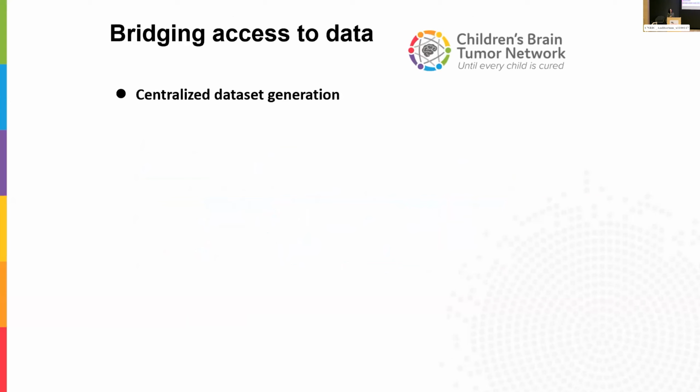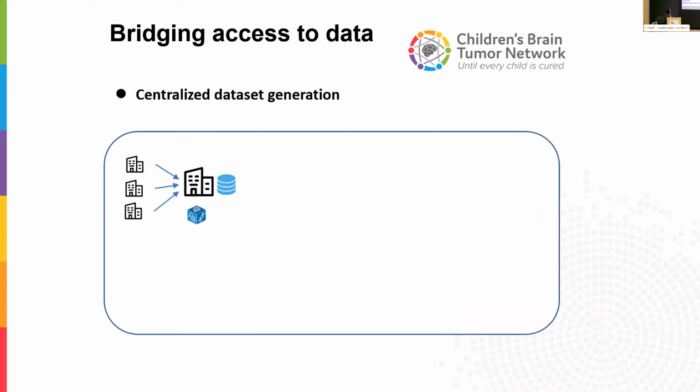And so the CBTN is leading efforts in this context for imaging data by generating a centralized imaging data set. Centralized data is nothing new to CBTN and the people in this room. However, the imaging data set in particular has really progressed dramatically in the last year.